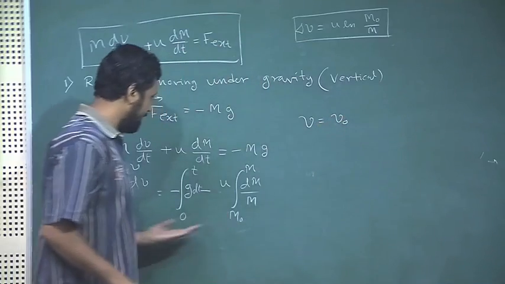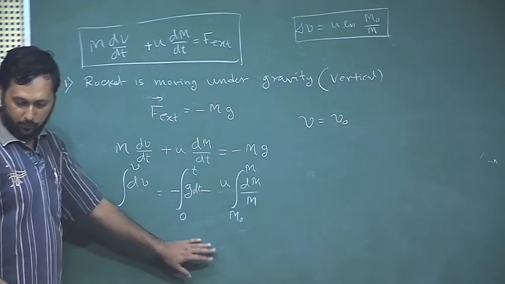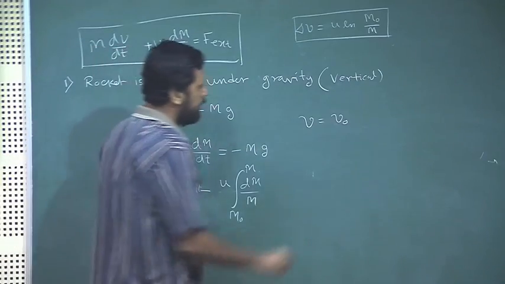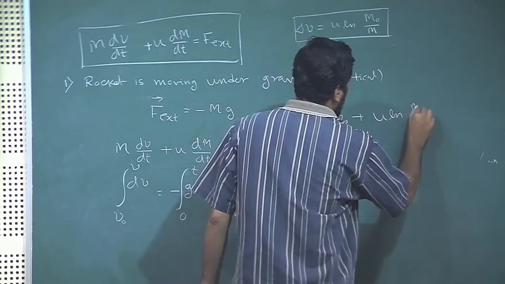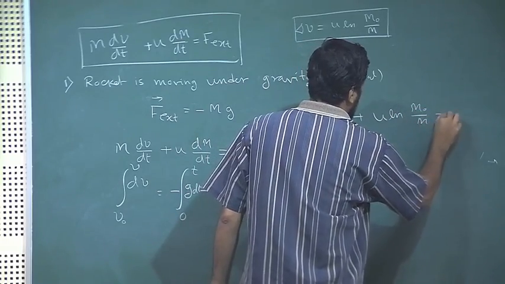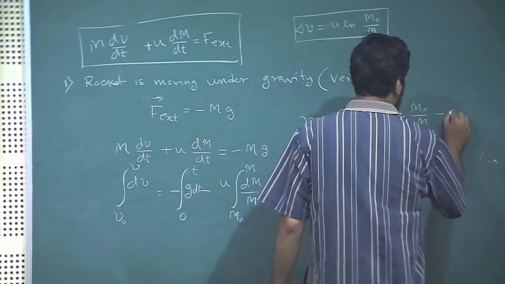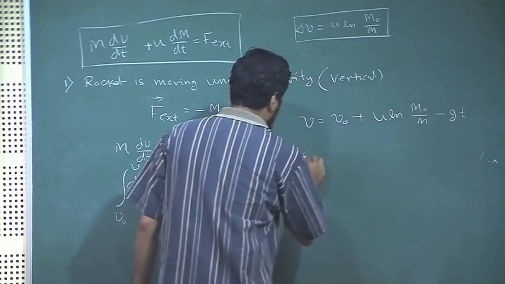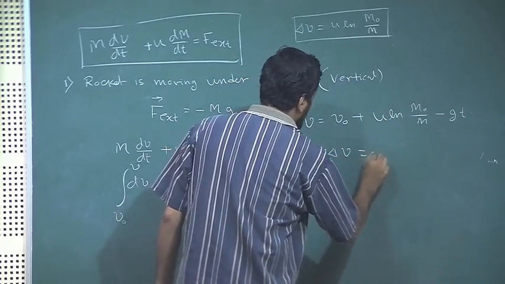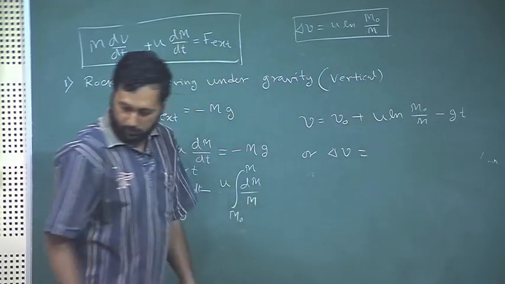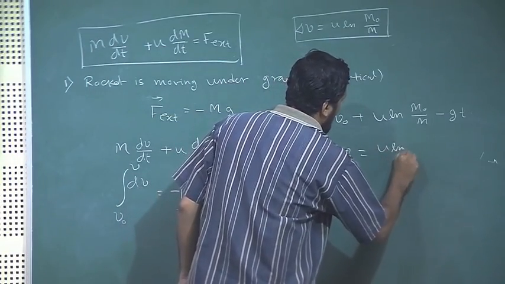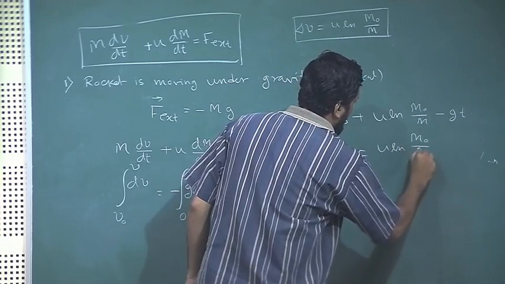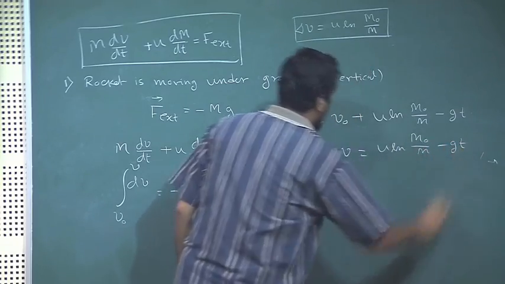I am not doing it completely, but I am leaving it to you. It is a very simple integration, just the same, minus gt, or delta v is equal to... okay.